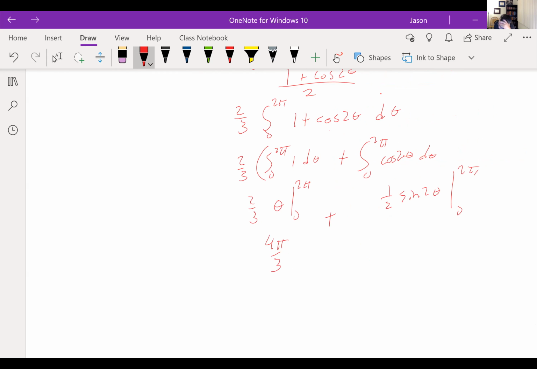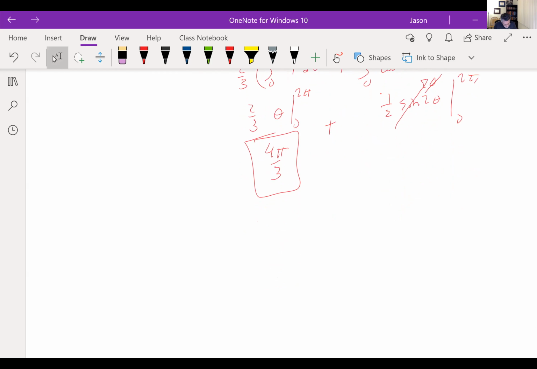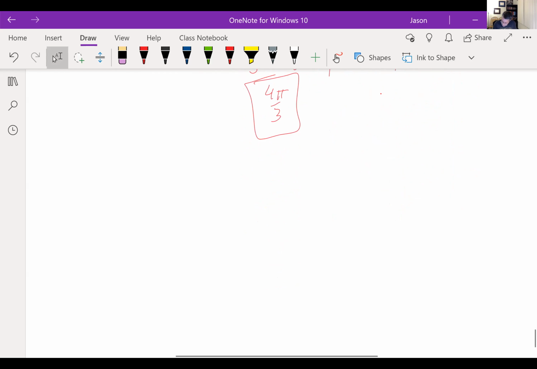So that's where you get the 4 pi from. But this thing's just going to go to 0. So the answer is 4 pi over 3.